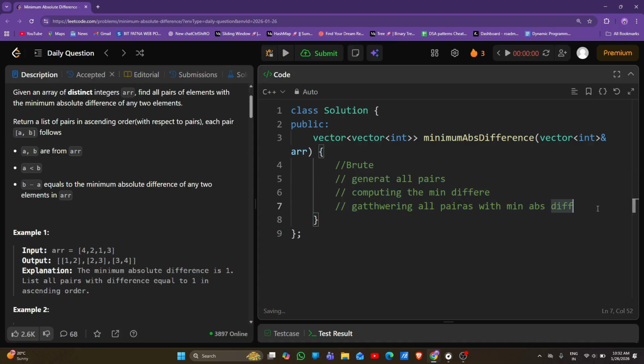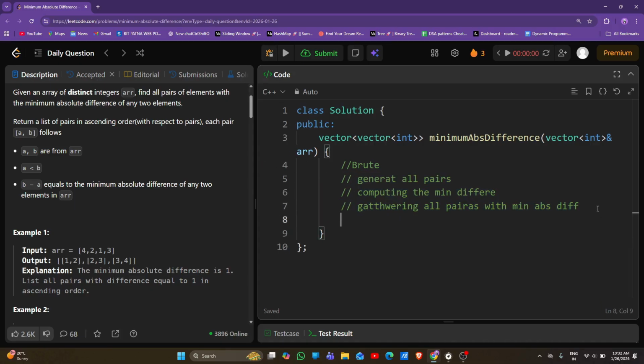The brute force approach will not take much time. I will only give the pseudo code for the brute force, because it is O of n squared. Like int n equal to the array size, for i equal to 0 to n, and for j equal to 0 to n.